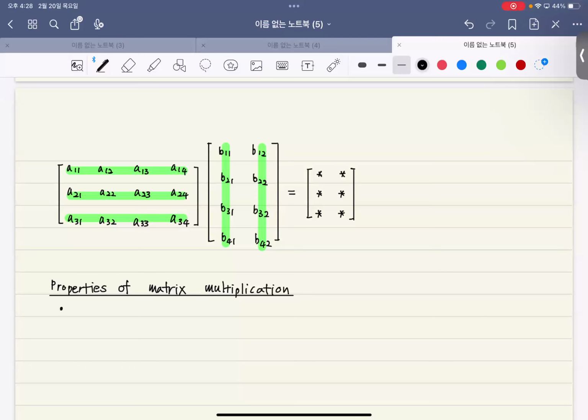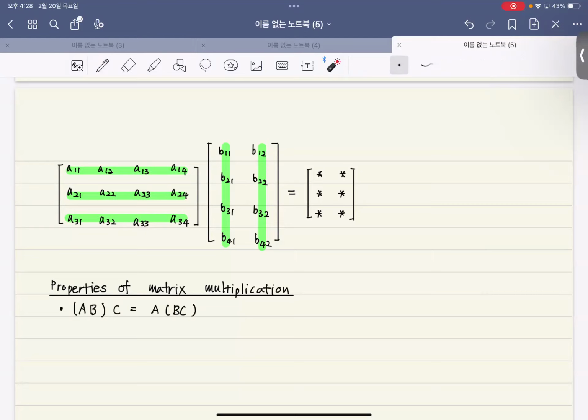The first property: suppose that all these dimension constraints have been met. Suppose that you want to multiply 3 matrices. Then there are 2 options: multiply the first 2 matrices first, and multiply by C later. The other option is to multiply B and C first, and multiply by A later.